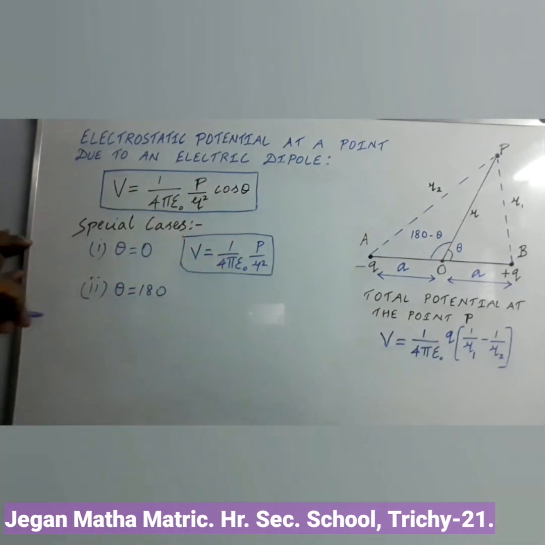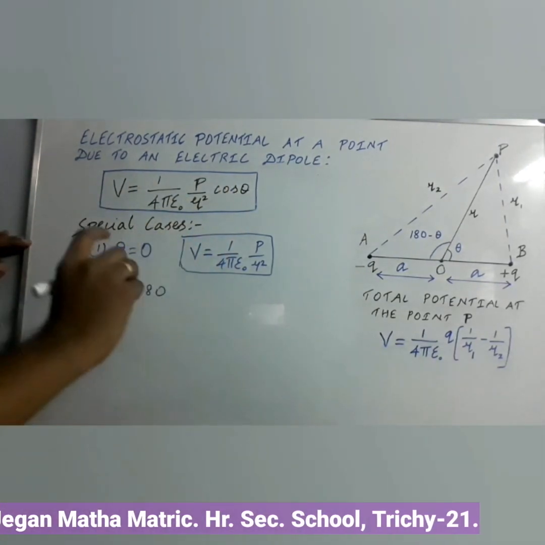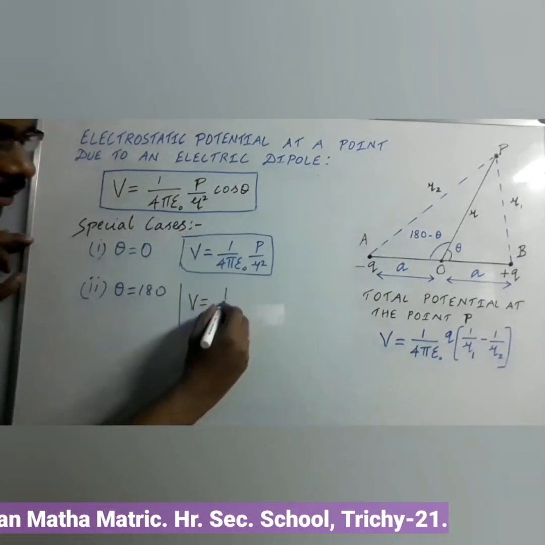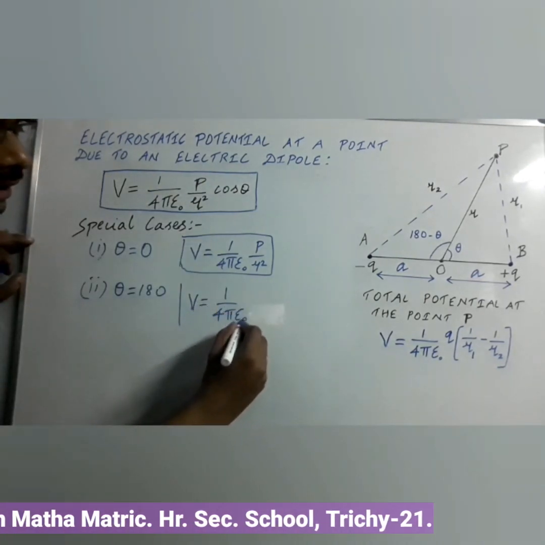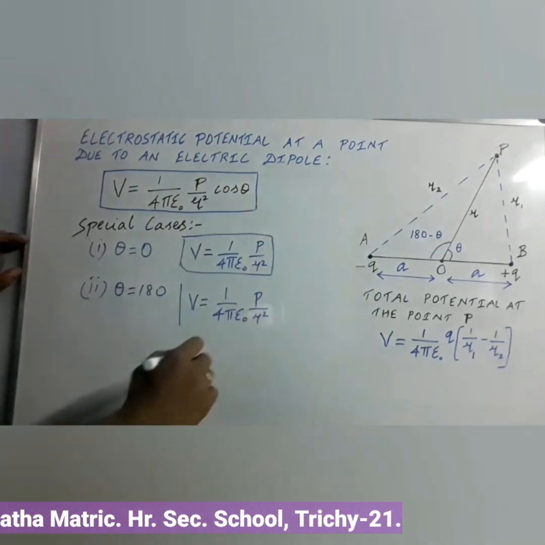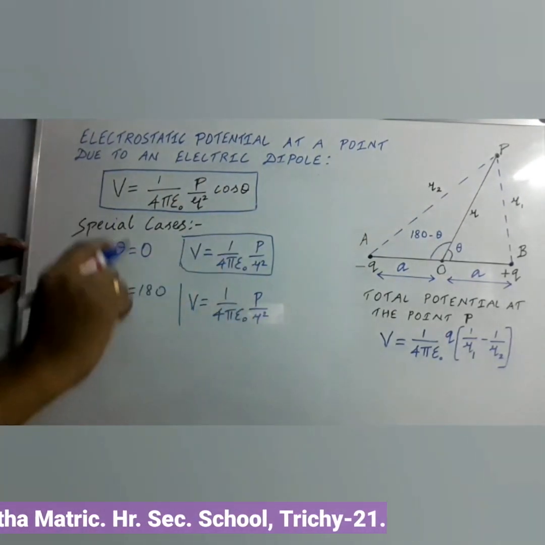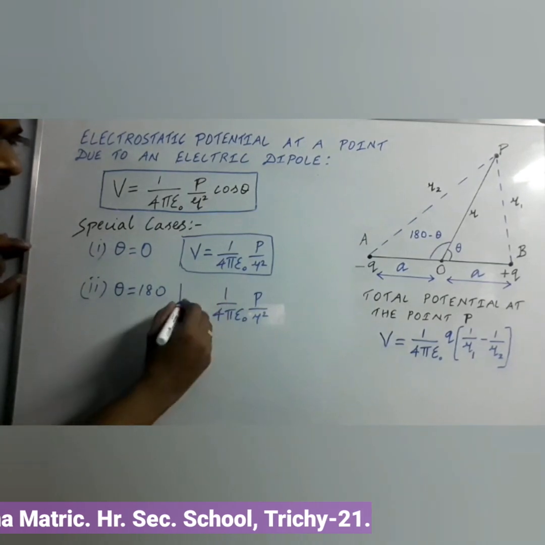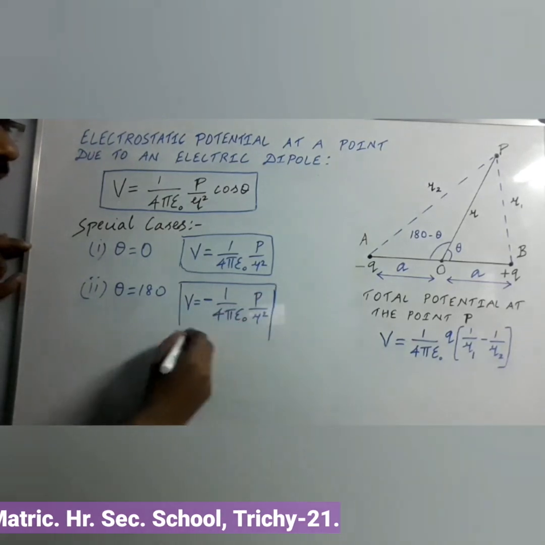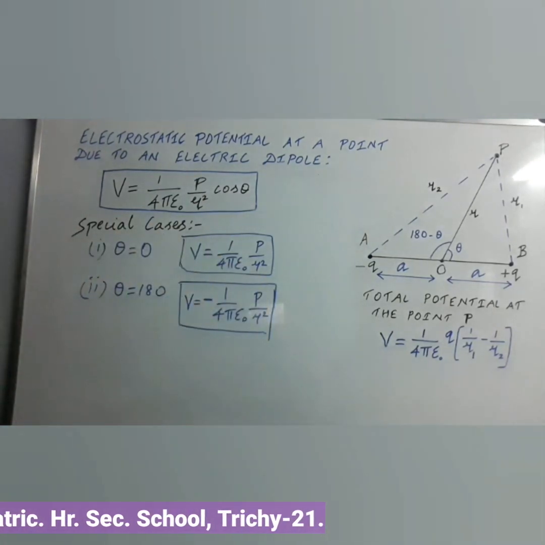Then what is the value of cos 180? That's nothing but minus 1. Now what will be the change in electrostatic potential? V is equal to the same thing, 1 by 4 pi epsilon naught P by r square. But cos 180 is nothing but minus 1. So here I can write V equal to minus 1 by 4 pi epsilon naught P by r square.